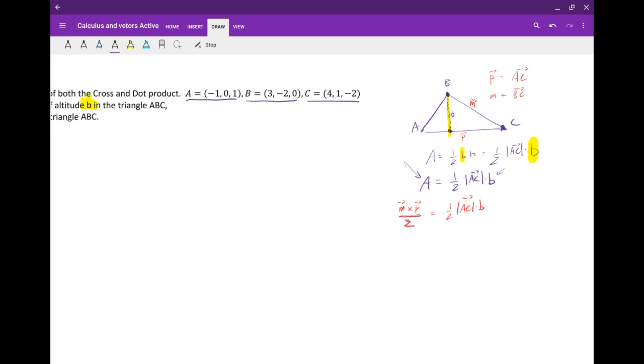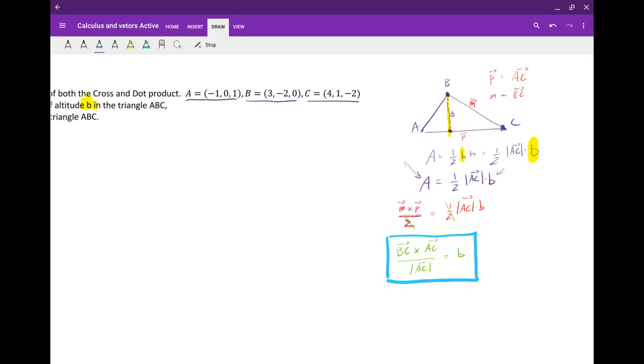M is BC, so it's the BC vector crossed with the AC vector, over the magnitude of AC, which should equal B. And this is basically the answer to this question.